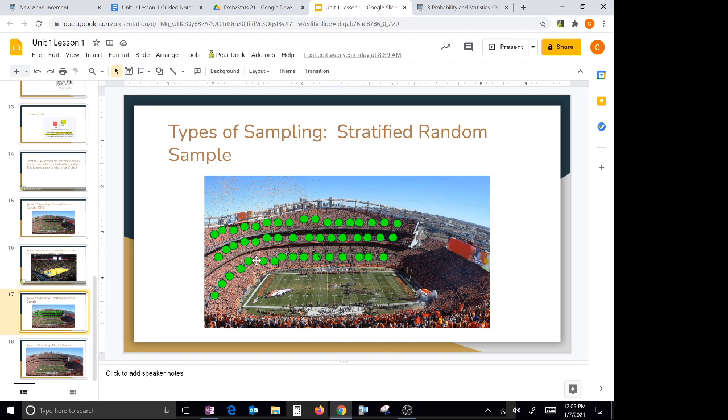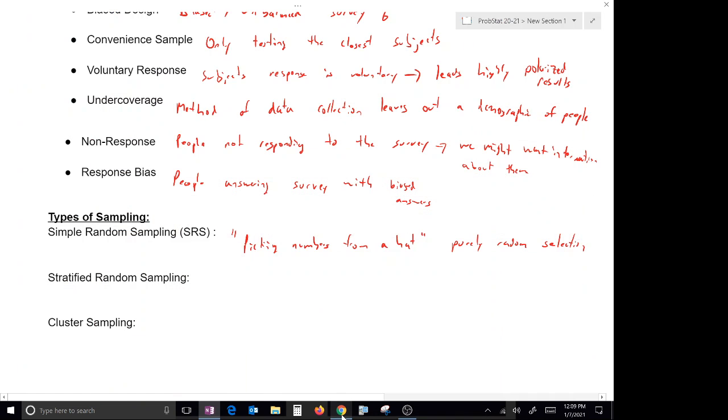If we did a simple random sample, there's a chance that we could leave some people out. So we're going to try and make sure we get every single type of demographic of person. So, picking randomly from every section, and these sections don't have to actually be physical sections. We actually call those strata.